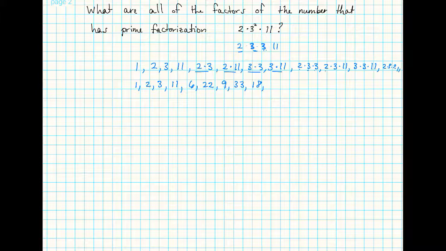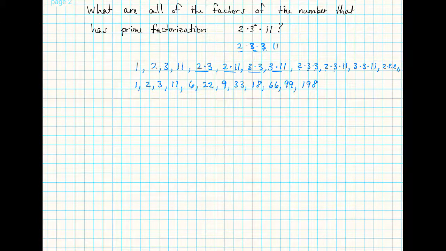Next one, 2 times 3 is 6, 6 times 11 is 66. 3 times 3 is 9, and 9 times 11 is 99. And 2 times 3 times 3 times 11, that is 18 times 11, and I'm actually going to use a calculator for this for expediency. 198.